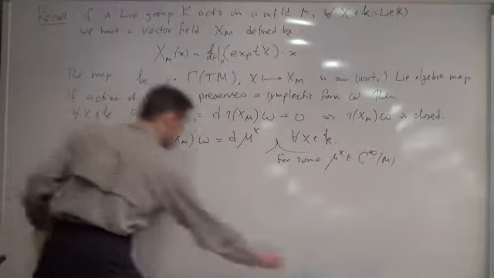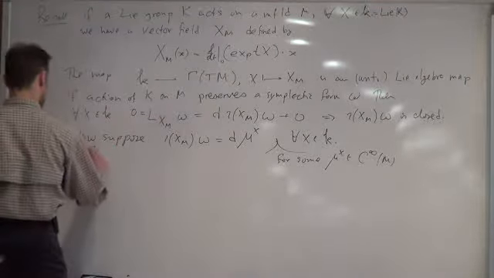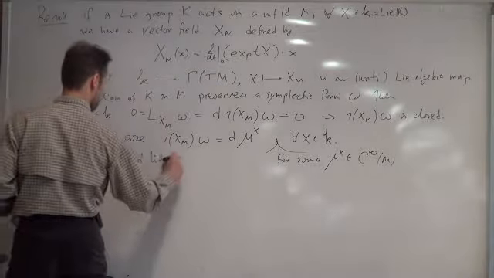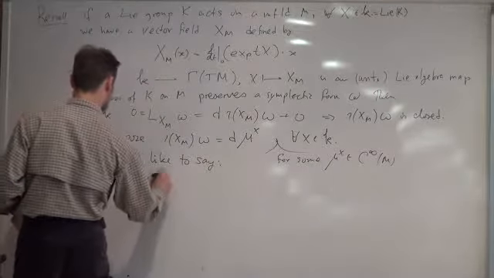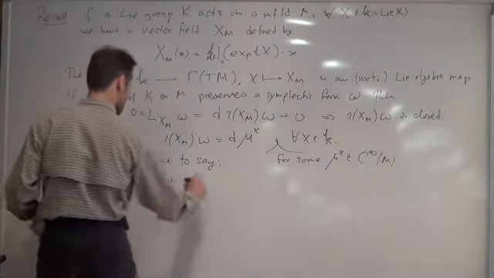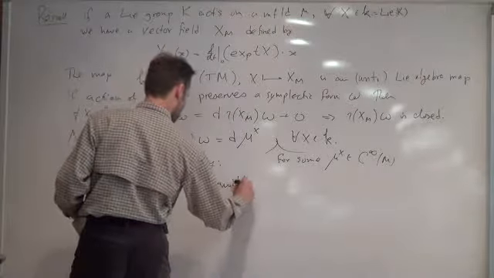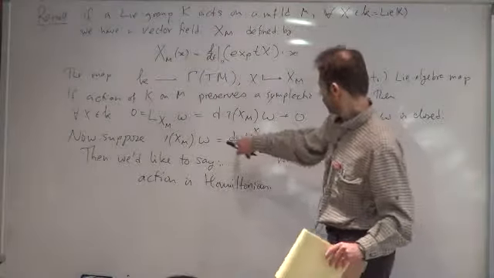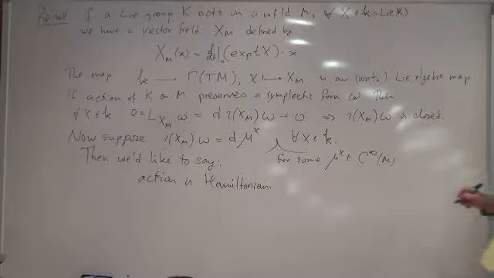Then we'd like to say the action is Hamiltonian. If you remember the first lecture, this is the definition of x sub m as the Hamiltonian vector field of mu sub x.